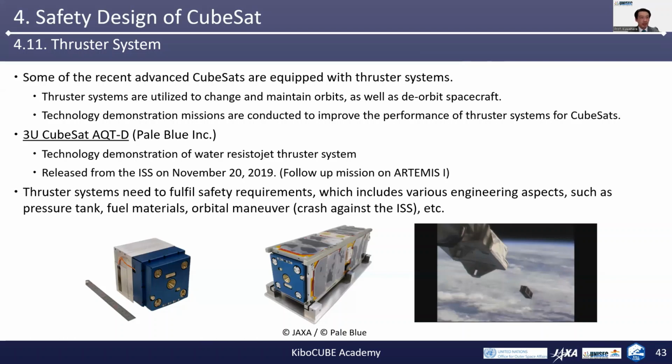The 3U CubeSat Act-D of Pale Blue Incorporated was such a technology demonstration mission of a water-resistojet thruster system, which was released from the ISS on November 20, 2019, as illustrated in the below figures.